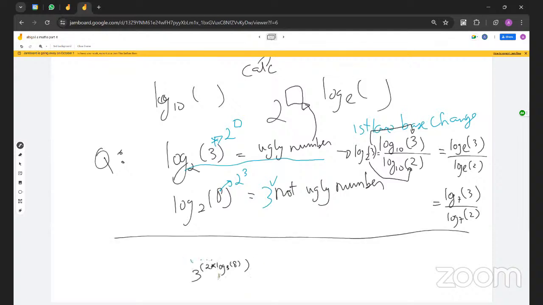Now, to deal with the 2, I focus on 2 times log base 3 of 8. I claim that this will become equal to log base 3 of 8 power 2. Look, the 2 simply jumps in. The 2 can jump out.